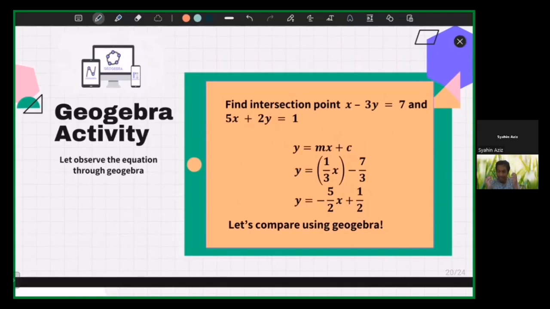And by the standard form, we can compare whether the intersection point we get is correct or not. So we can use GeoGebra to prove that the elimination, substitution or graphing methods are correct.